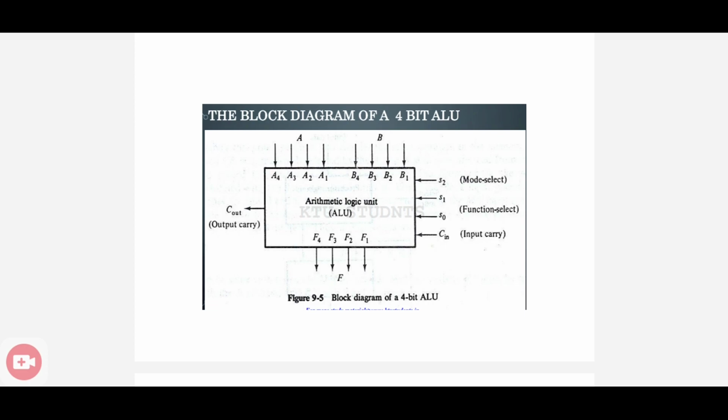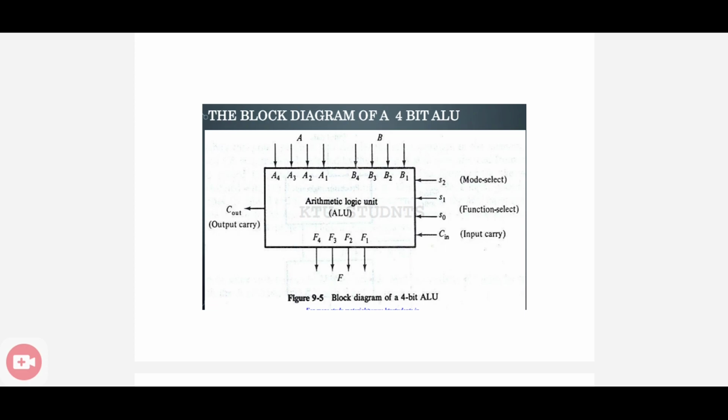Along with this, 3 selection variables are there: S0, S1, and S2. Here S0 and S1 are function selection variables or selection lines, and S2 is a mode select.